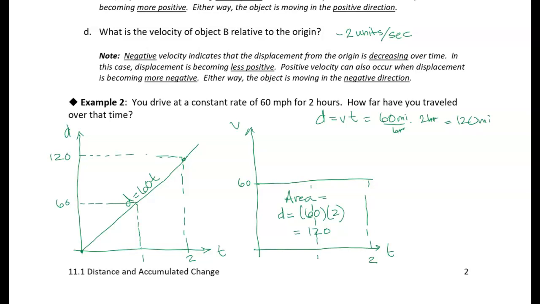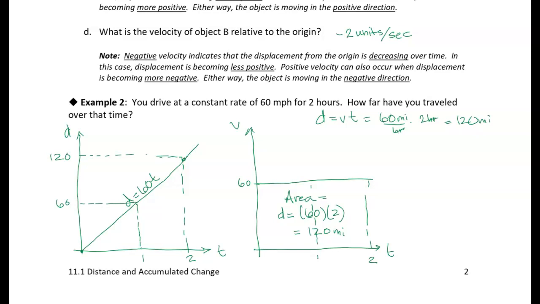So the area of this rectangle is the same as the displacement. Okay? So the thing to notice is that the displacement can be represented as the area under the velocity graph. We just take length times width, and we get the area, and the area is the same as the displacement.